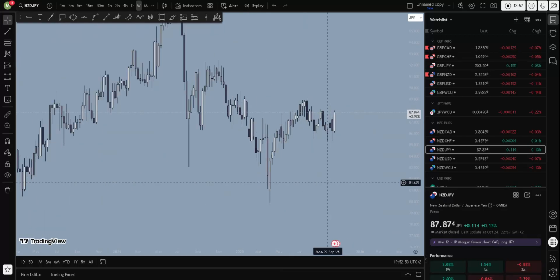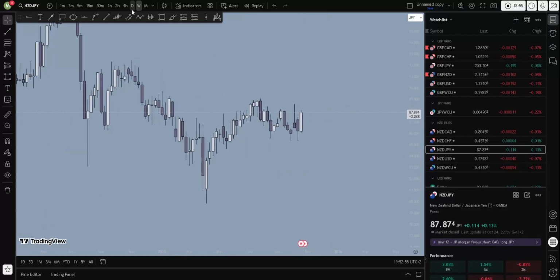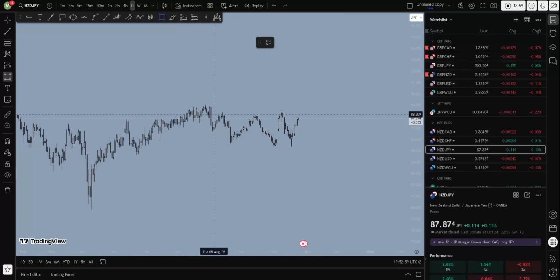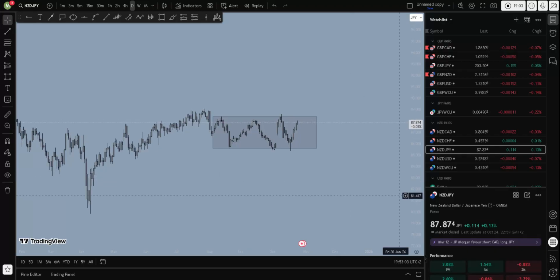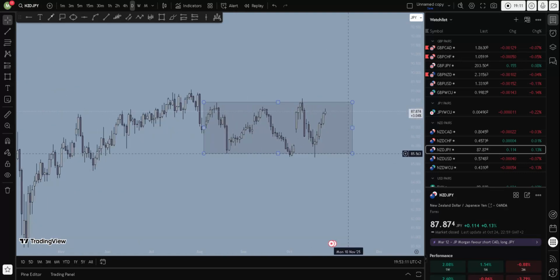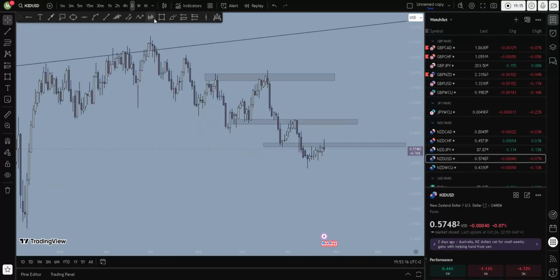Another JPY pair. At the moment, there's some consolidation over here, and before that, yeah, nothing was happening. Okay, there's no real direction at the moment, so yeah.